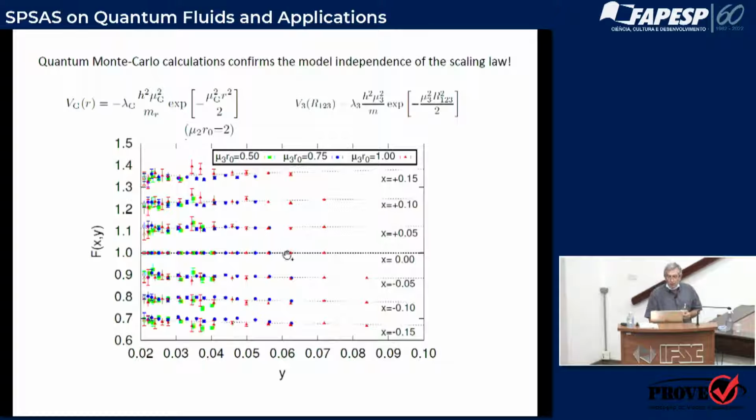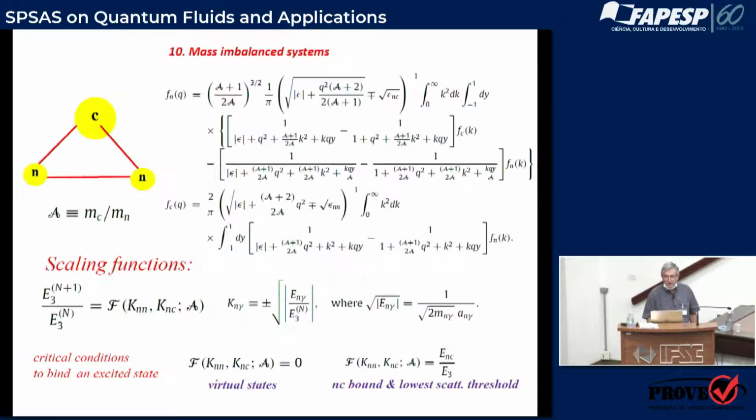Then, how do you move here? Because you need to move, this is relative to the trimer energy, so there is a repulsive three-body force that is manipulated, I mean, theoretically. And this we can really see, with quite sophisticated calculations.